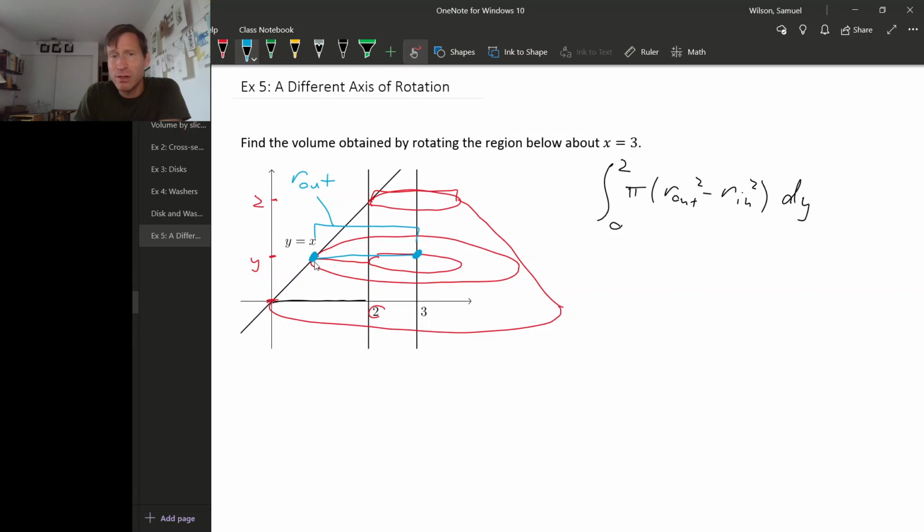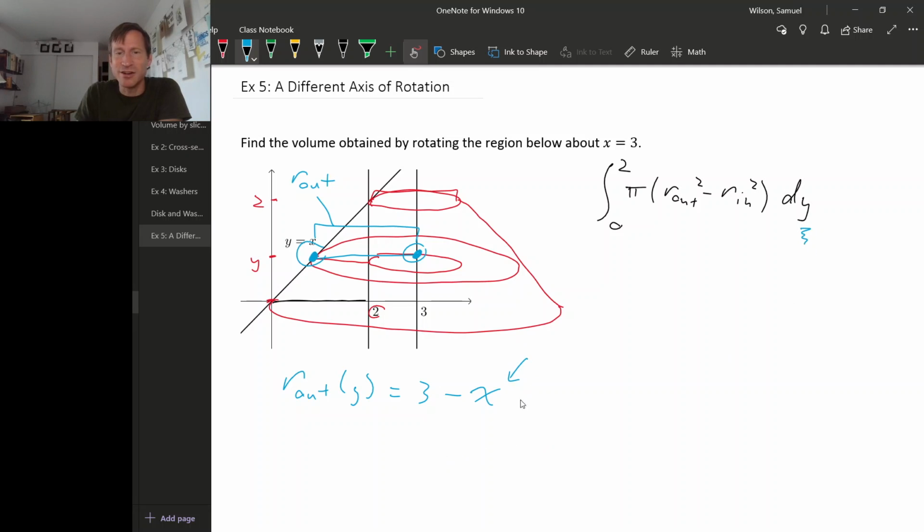To do that, well, this distance that is the outside radius is a horizontal distance. And to find a horizontal distance, all you need to do is subtract the x coordinates of these 2 points. And to make this radius positive, we should do big minus small. So we'll do the big x coordinate, which is 3, minus the smaller x coordinate, which is x. But remember, our plan was to write everything in terms of y.